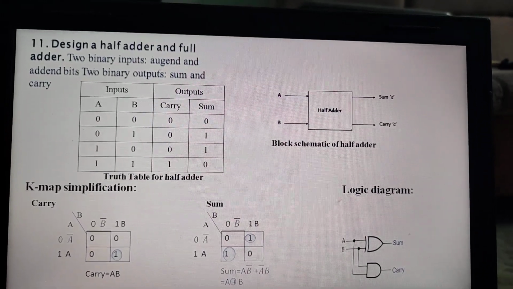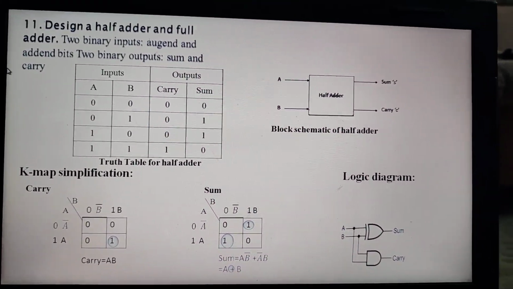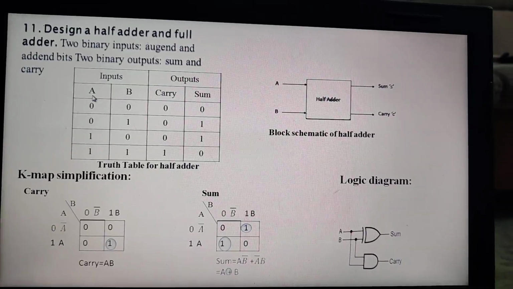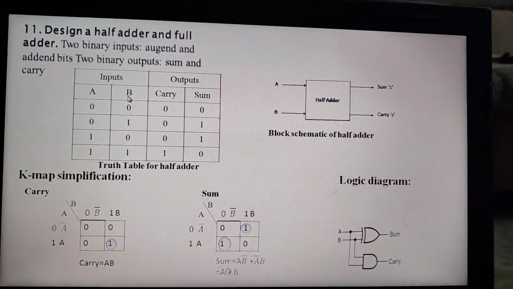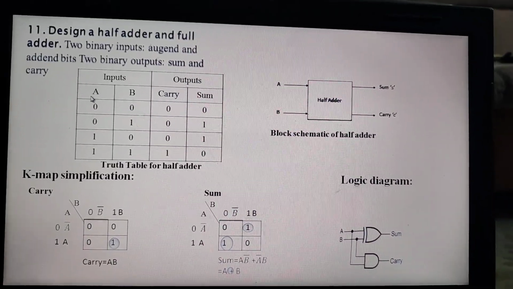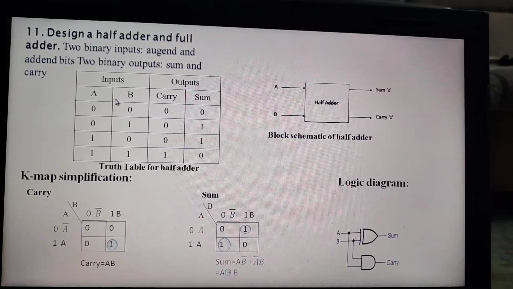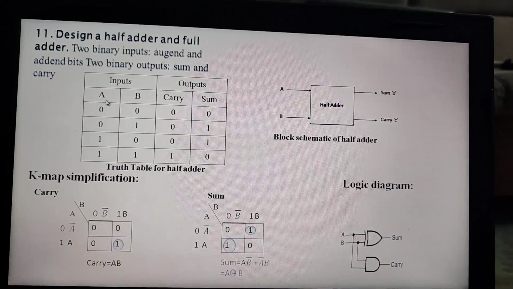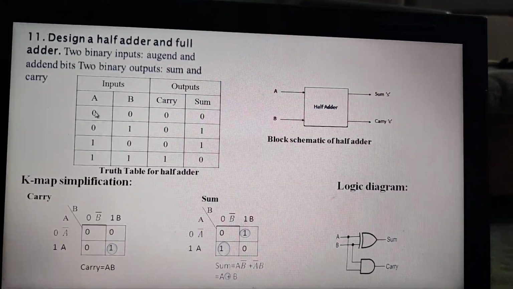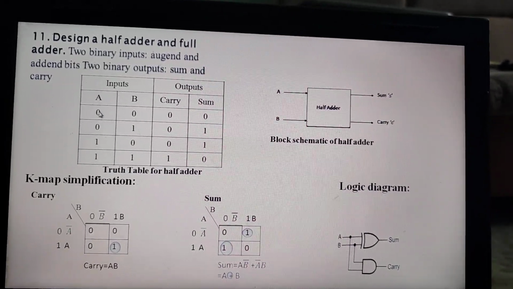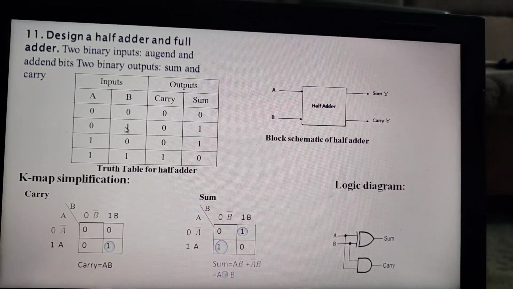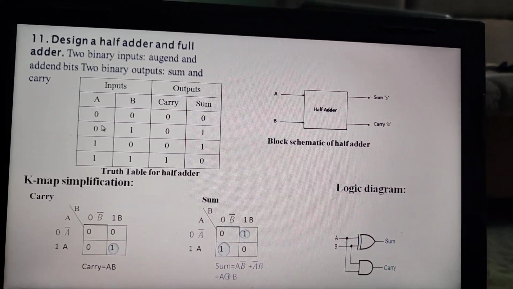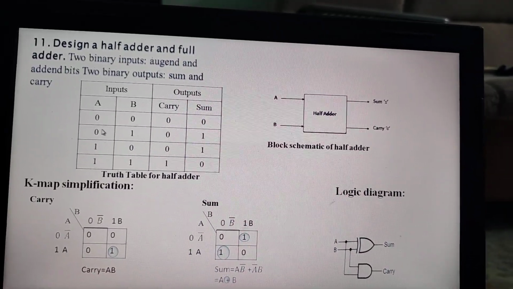How are we calculating with these two binary inputs? As we have seen earlier in the number system, 1 plus 2, so totally we have 3. If my first number is 0 0, in the place of 1 I have specified 1, and in the other place I have specified 0, so the input value is 1.